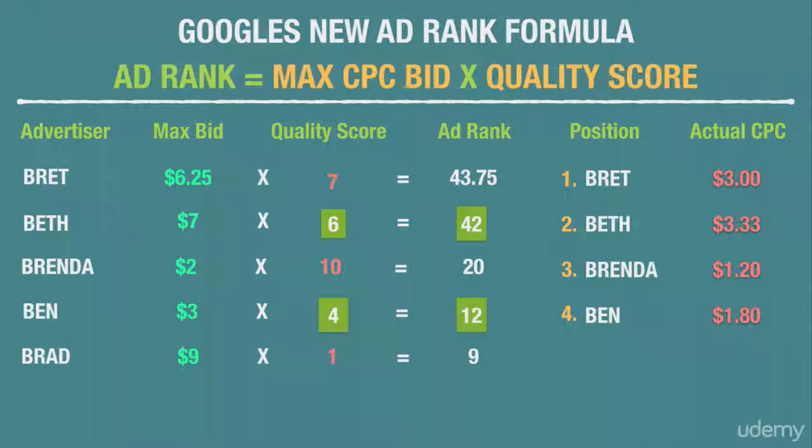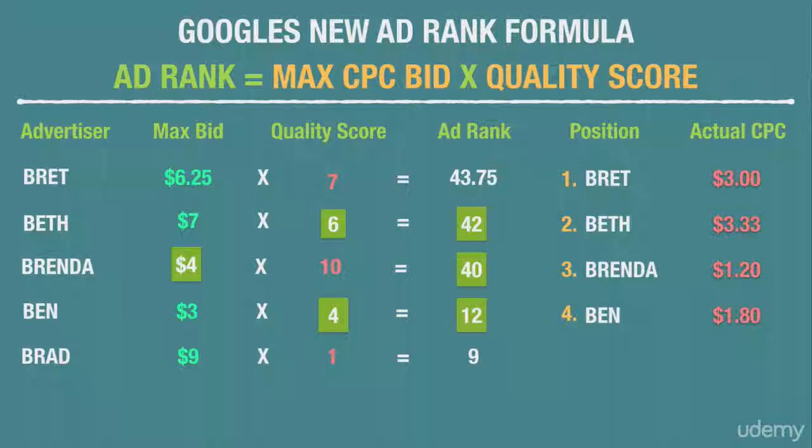Now what if Brenda wants to do better? What could she do? She already has a 10 quality score and can't improve that anymore. But what she could do is raise her max CPC bid. So say she raises her max CPC bid to $4. She doubles it. Now what happens? Her ad rank jumps up to a 40, but she's still in position 3. She still pays $1.20 a click, even though she doubled her bid, because $1.20 is still all she needs in order to beat Ben.